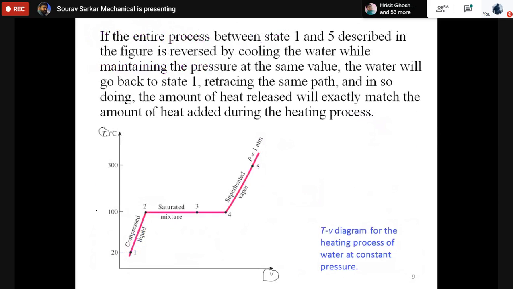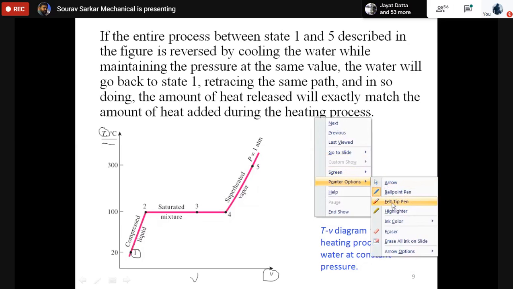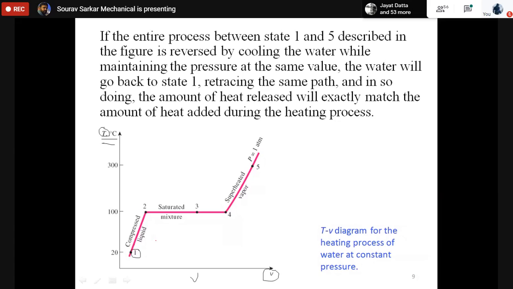Now if I plot how my temperature is changing with my specific volume, with this as my V, as I am heating it, my temperature is increasing. This is the initial state 1, at 20 degrees Celsius, where the volume is minimum.